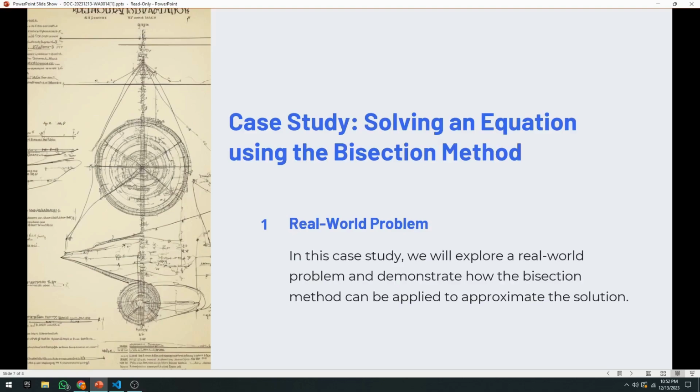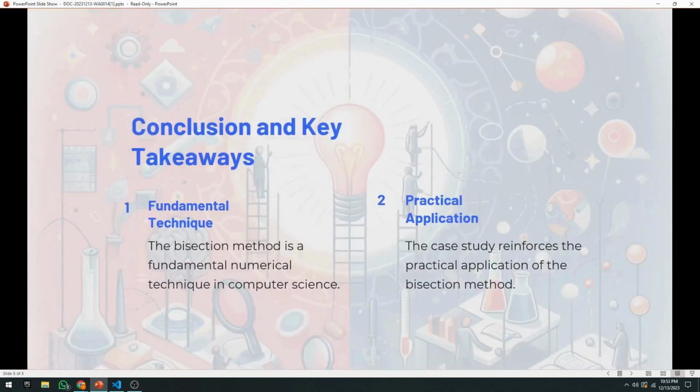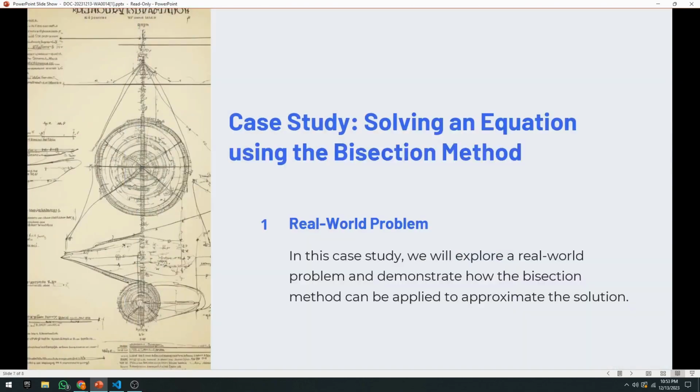If we compare the bisection method with the fixed point iteration method, it is simple to implement and may converge for a class of functions. That's the comparison with other methods.